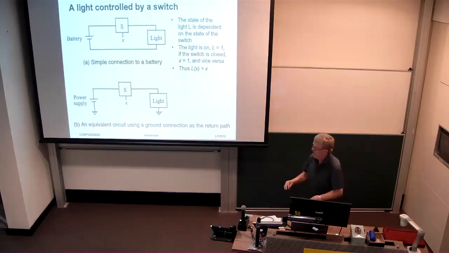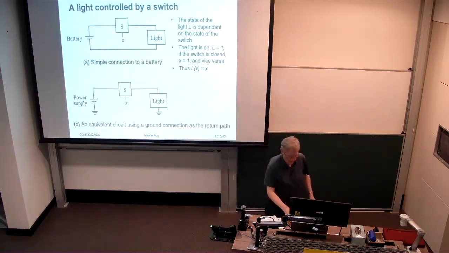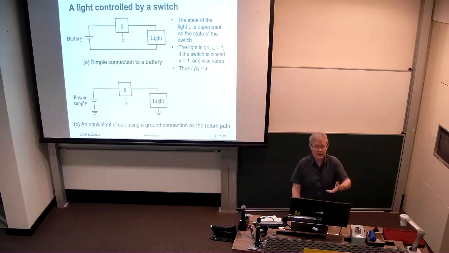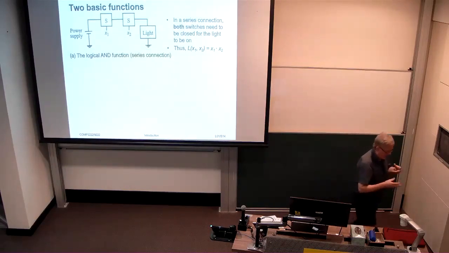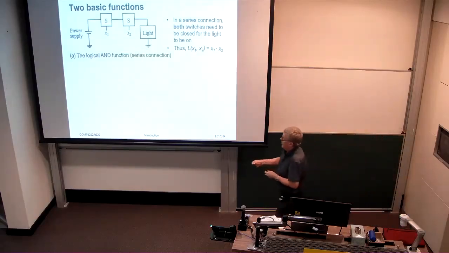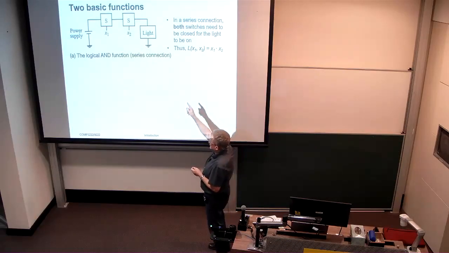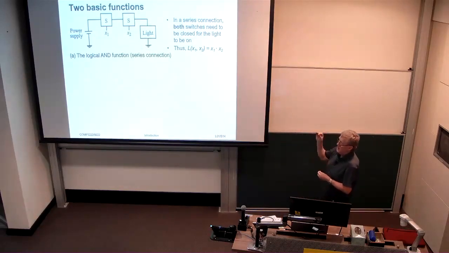All right, we can also represent that slightly differently, so in subsequent diagrams we'll use this notation a little bit more because it's more akin to how you draw electronic circuits. So then there's two combinations of switches that are really important. The first is if you have two switches connected in series, then both of those switches need to be closed for the light to be turned on, right?